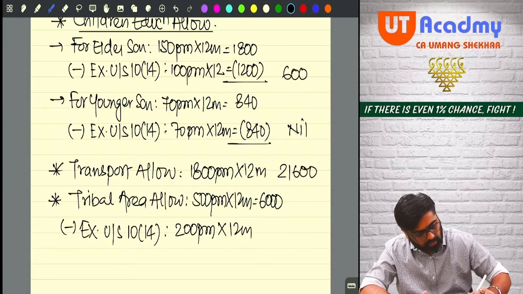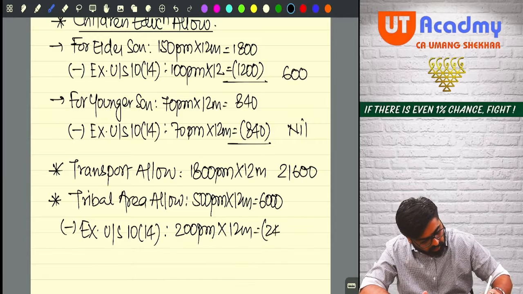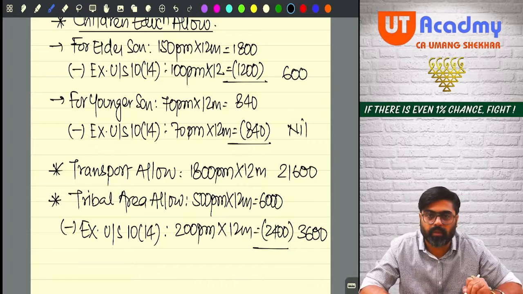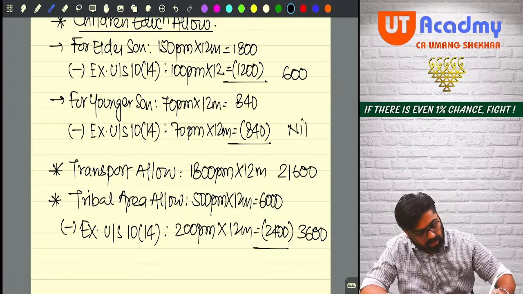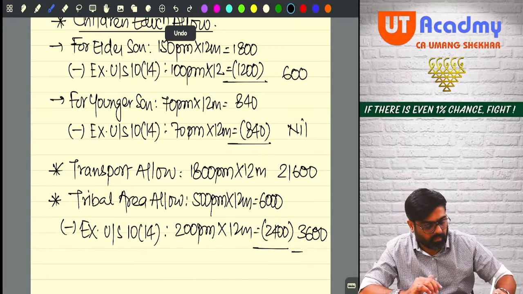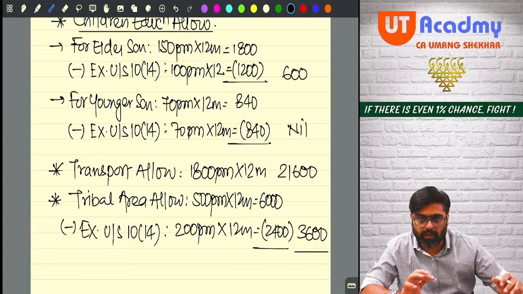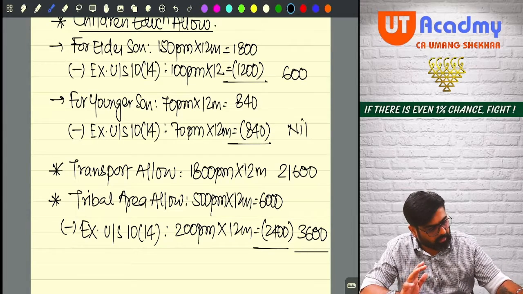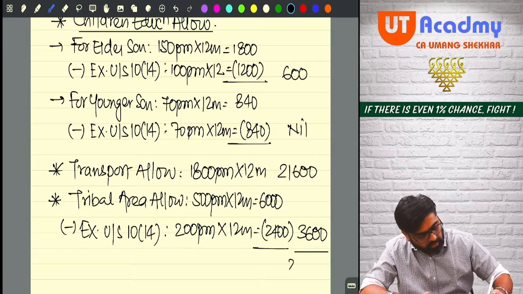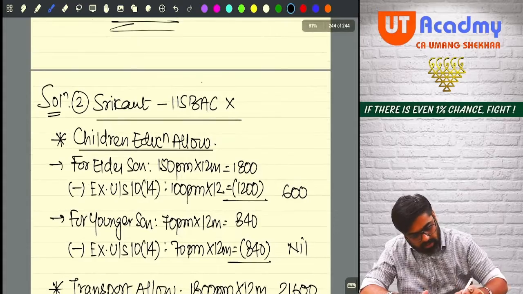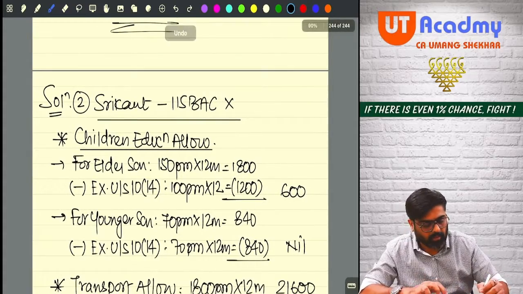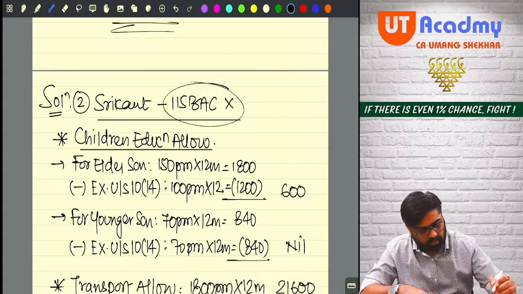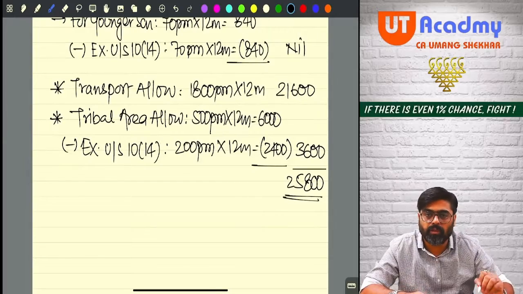Into 12, that will be 2400. So the balance 3600 will be taxable. Sure. Any other allowance received by him? No. All the allowances are done. So 21,600 plus 600 plus 3,600. Taxable amount will be 25,800. If he does not follow 115BAC, then taxable allowances will be this much.